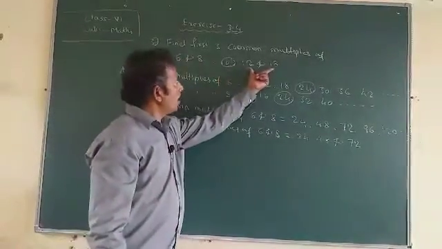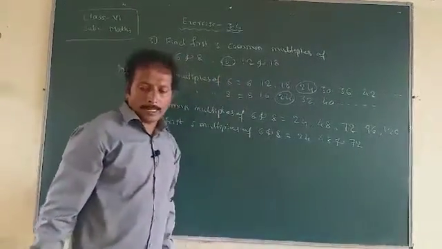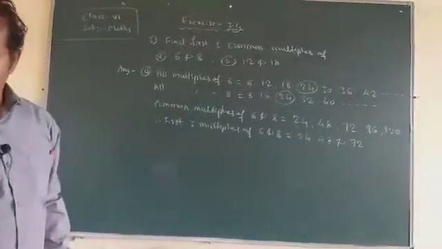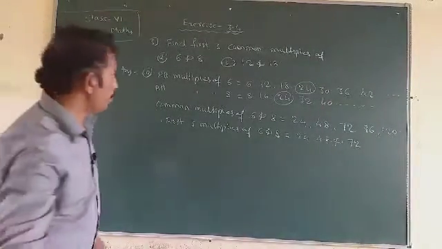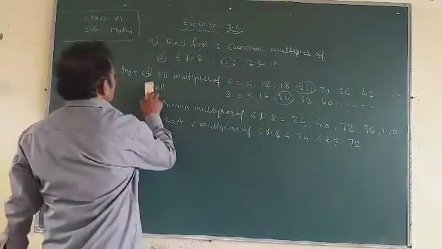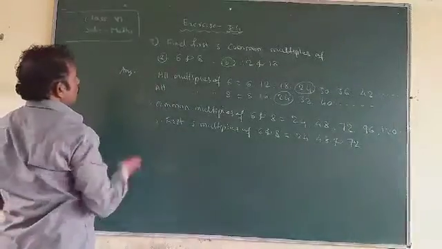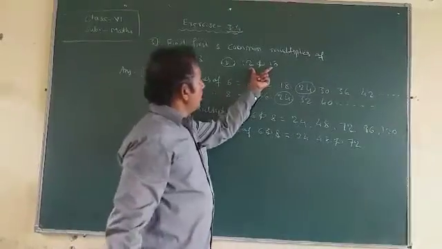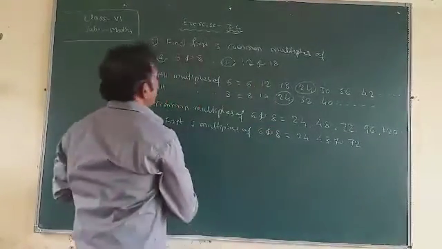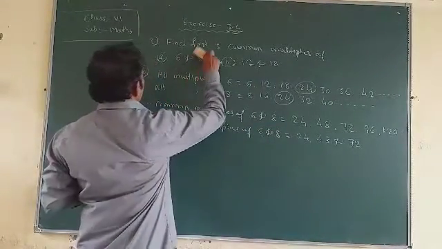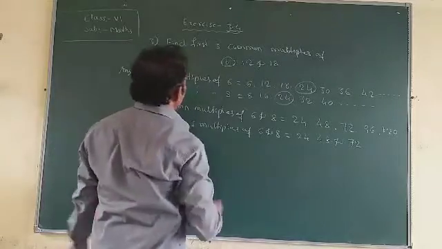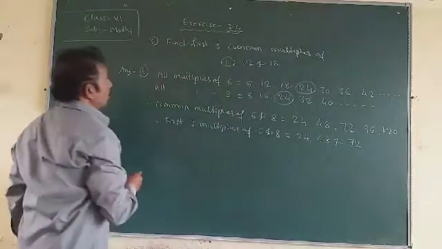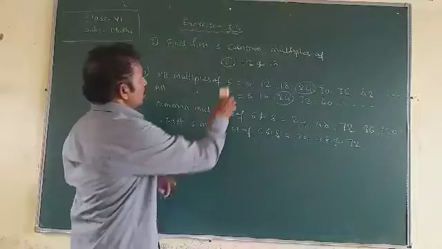Similarly, second one, 12 and 18. Answer B. In question number B, we are given 12 and 18. Write all the multiples of 12.